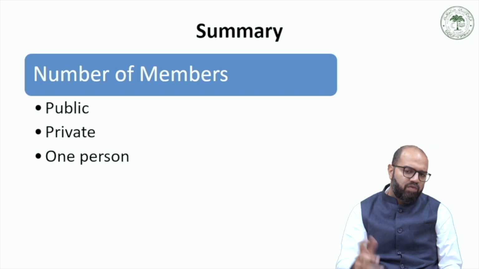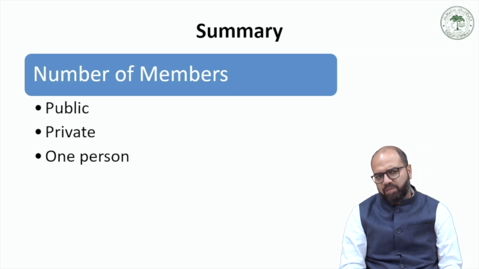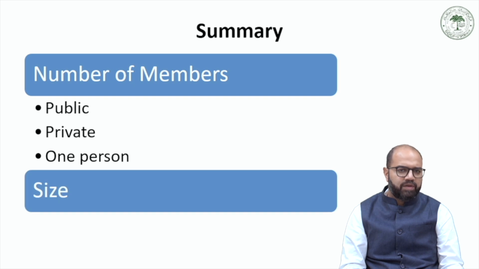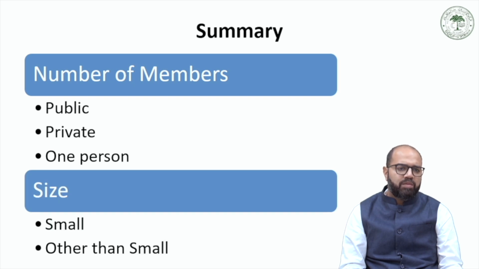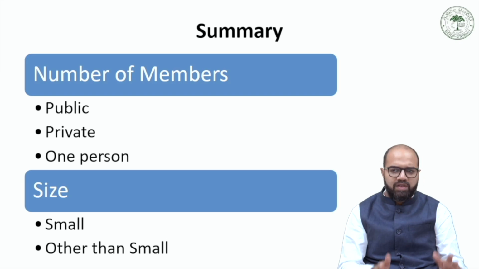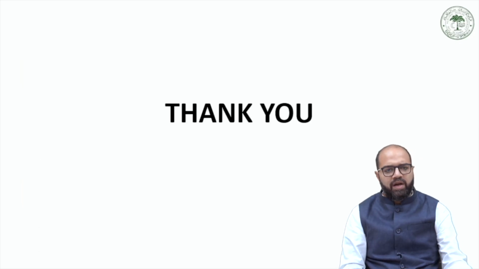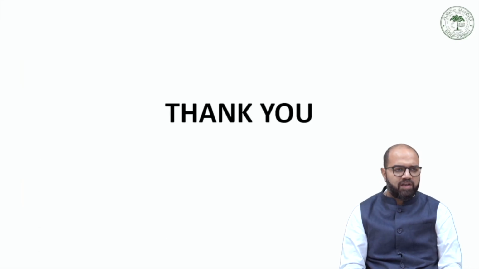And if there is only one person who wants to start the company entirely on his own, he'll be a one-person company. Then on the basis of size, we have small and other than small companies depending upon its share capital and total turnover.